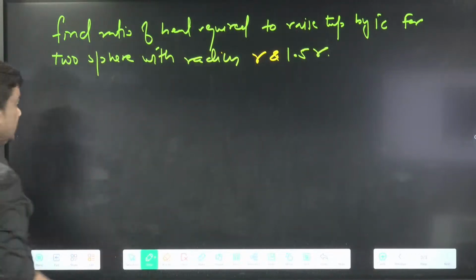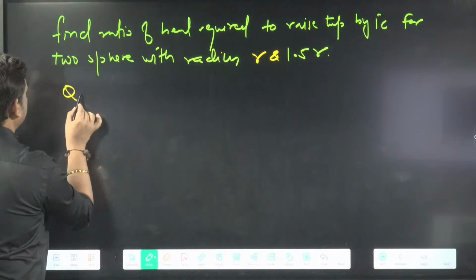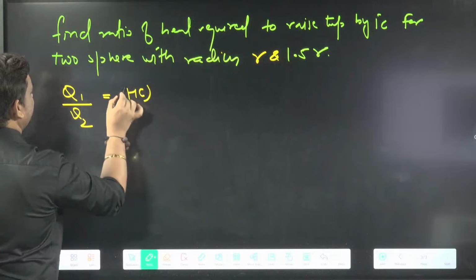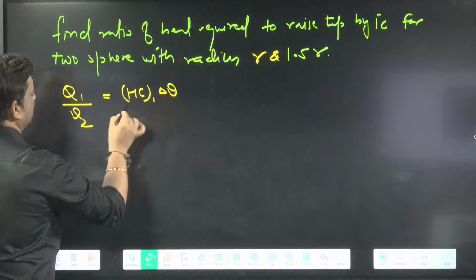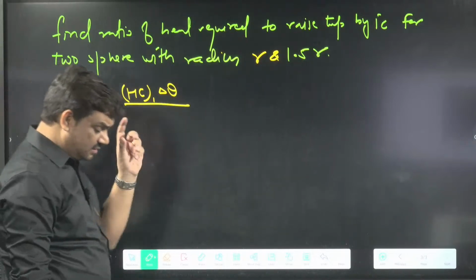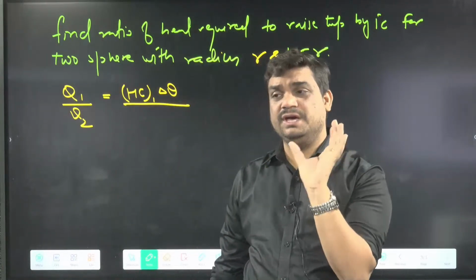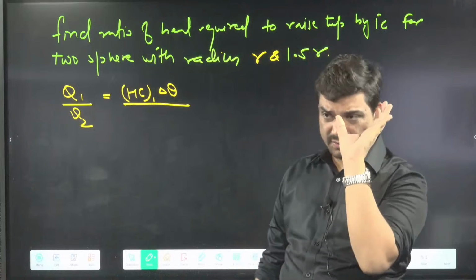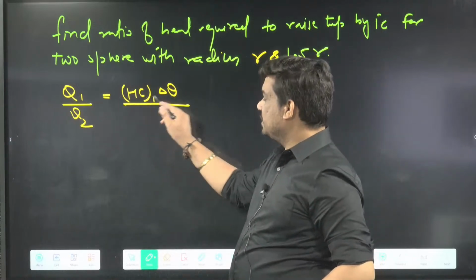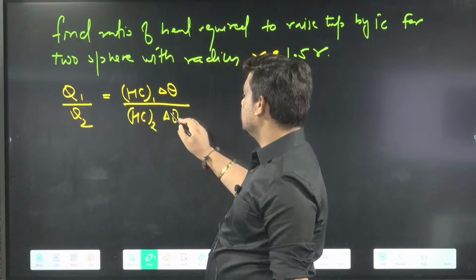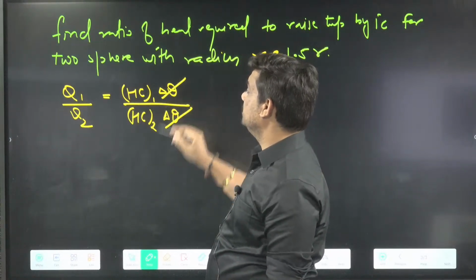So now we can see here Q1 by Q2 will be equal to HC1 delta theta by HC2 delta theta, because I have told you Q is ms delta theta, and in place of ms I am putting HC. Delta theta will be cancelled.